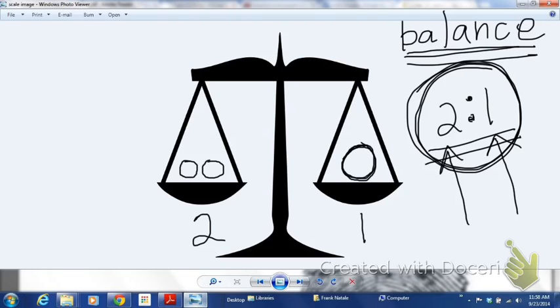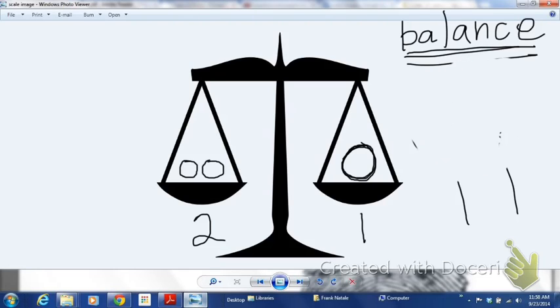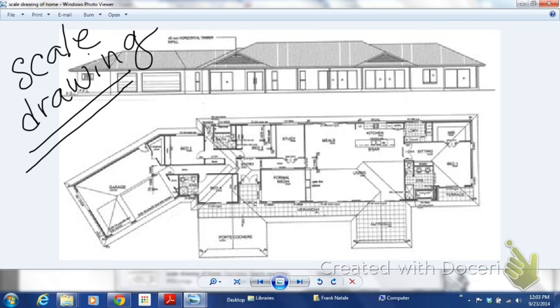So when we talk about scale drawings, we're talking about things such as drawings like plans for a home, for example. Let me go find one. So this picture here is a perfect example of what we consider a scale drawing.